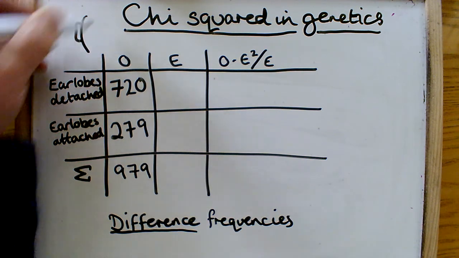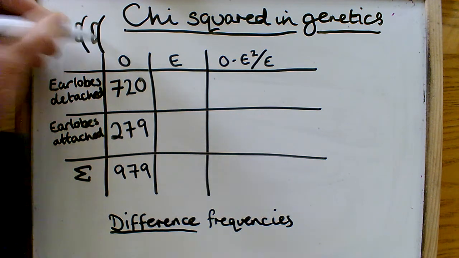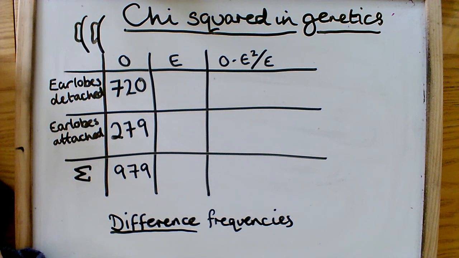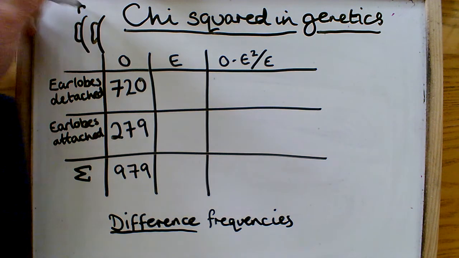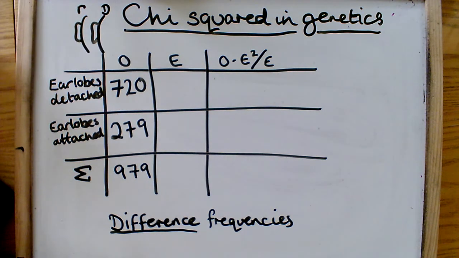Do they go straight in, or do they dangle and come back up before they go into your head? We know attached is a recessive characteristic and detached is the dominant trait, so we'd expect more people across the school to have detached earlobes than attached earlobes.